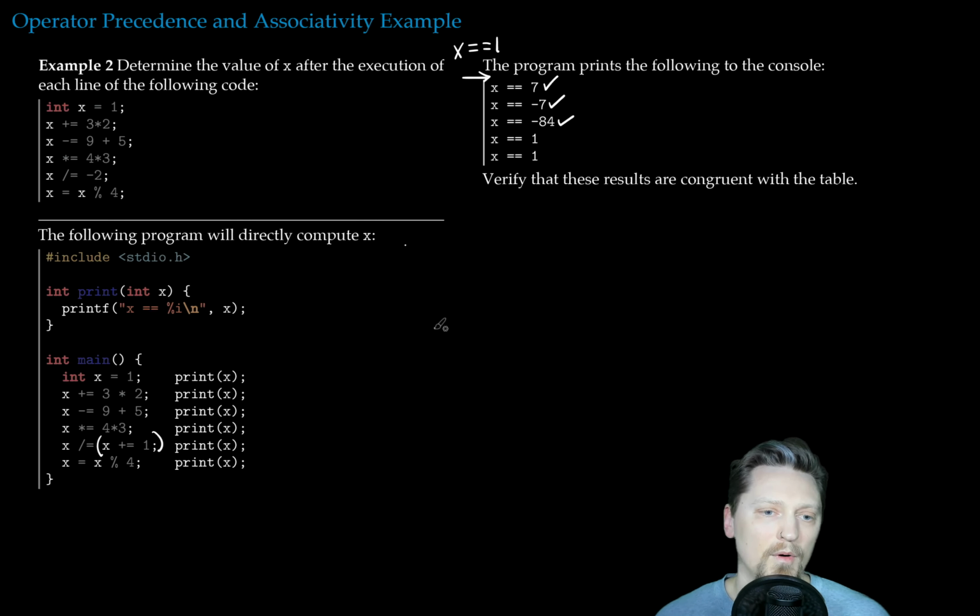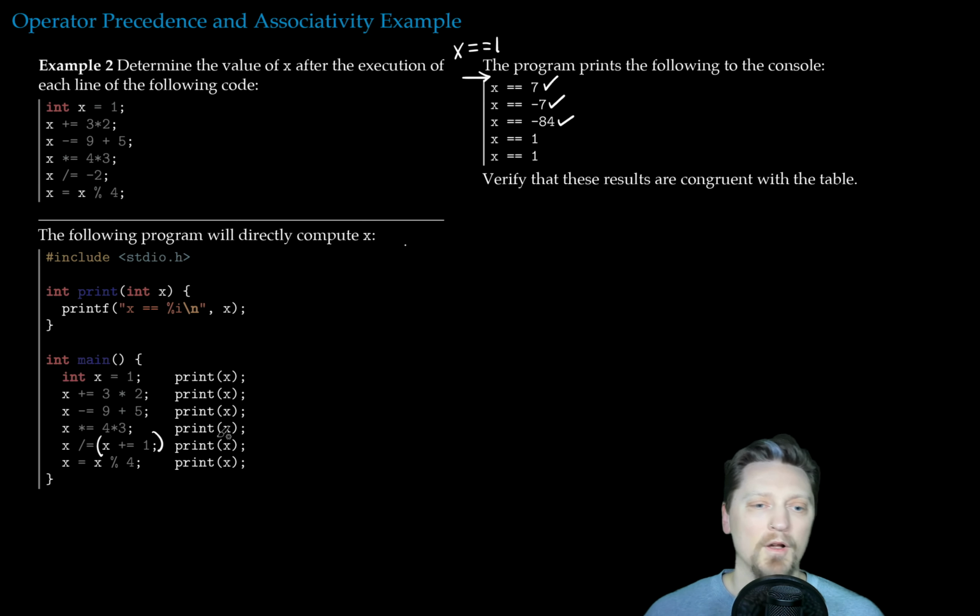So what was x starting this line? It was negative 84. We are going to add 1 to negative 84 and assign that to x. So now we're going to have x equals negative 83 after that. Okay, so x equals negative 83.